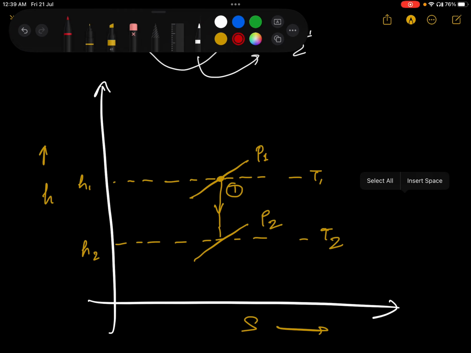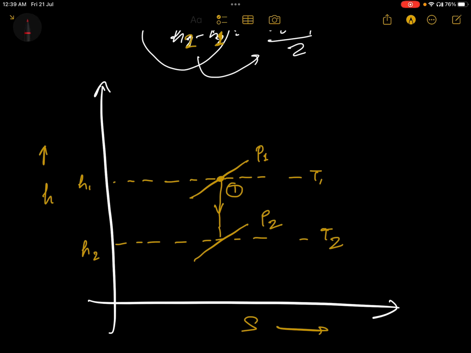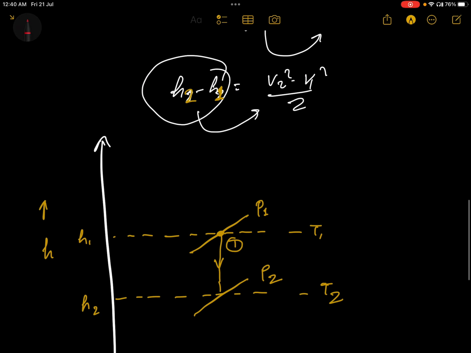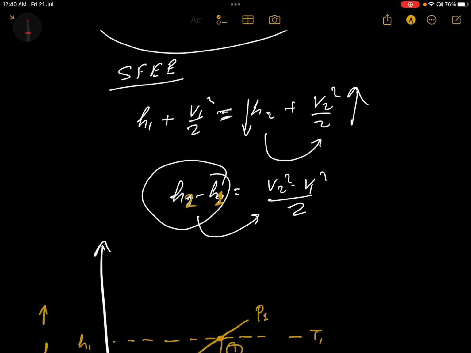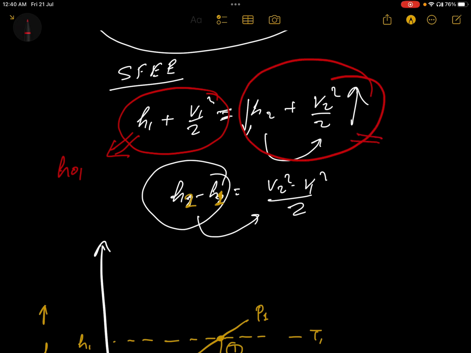Now from this equation, this term we can define as H naught 1, the stagnation state at section 1, and this term as the stagnation state at section 2. Let's say the section 1 state is decelerated to zero velocity.